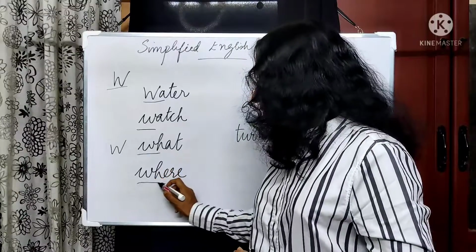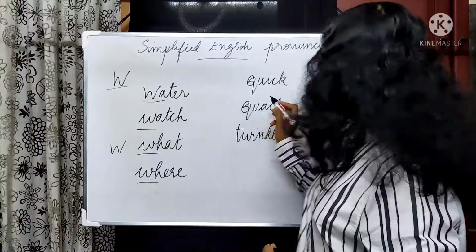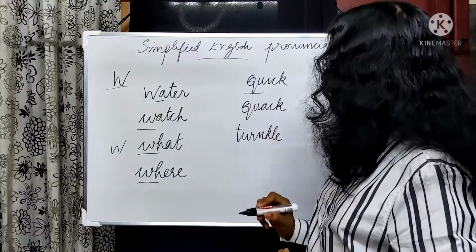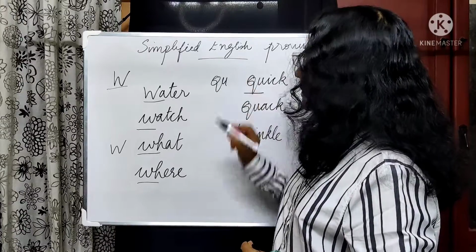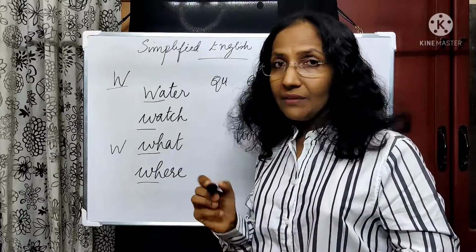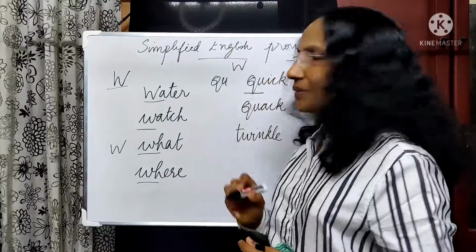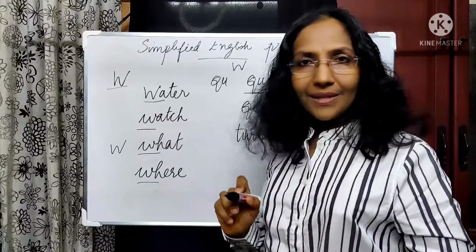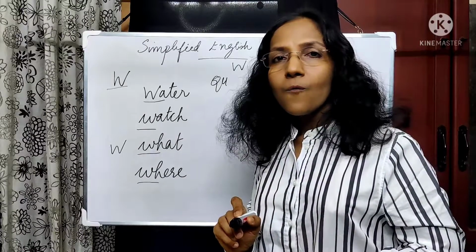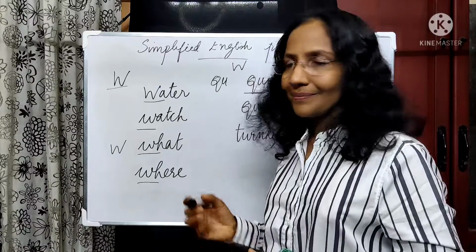Next is WH, it's W. Again, we have the sound, a different combination. It's QU. Even though we do not have the alphabet W, the sound the word creates is W. That's the speciality.